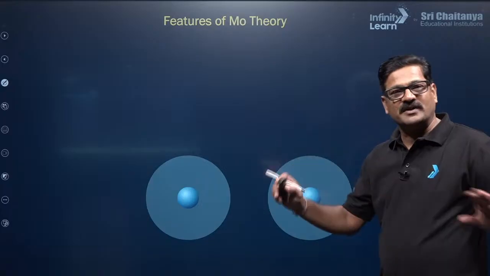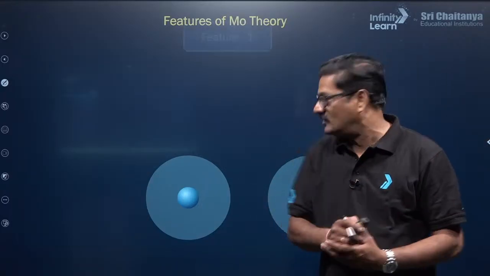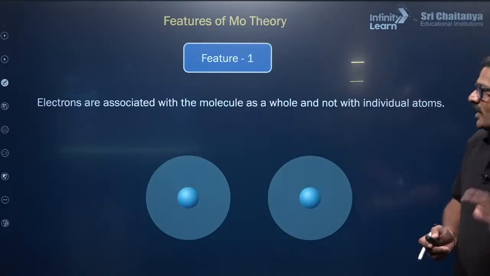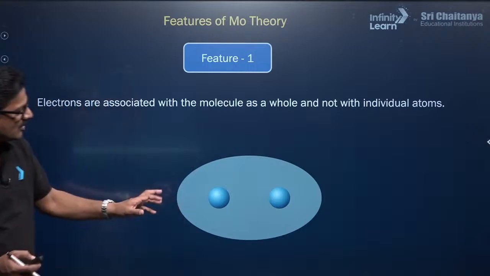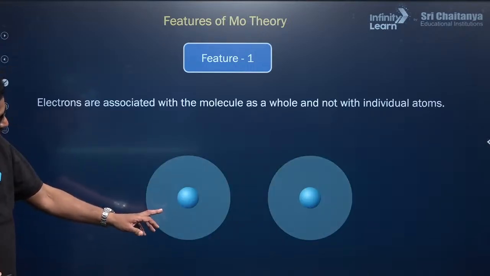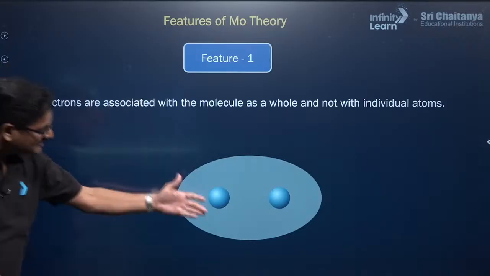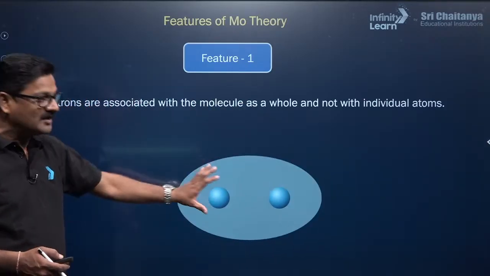They lose their previous identity and give the new identity of molecular orbitals. Feature 1: electrons are associated with the molecule as a whole. Here the atom and atom combine and give rise to a molecule.